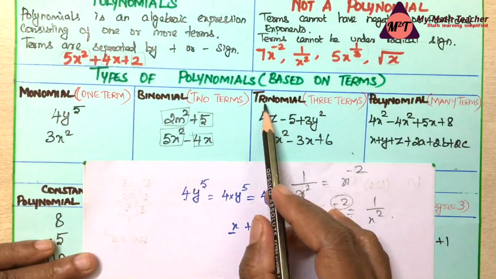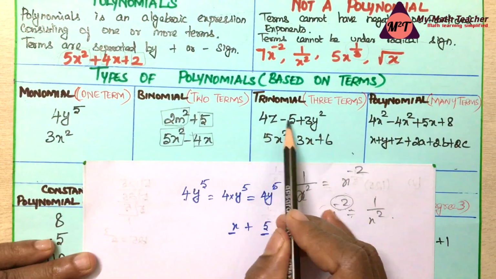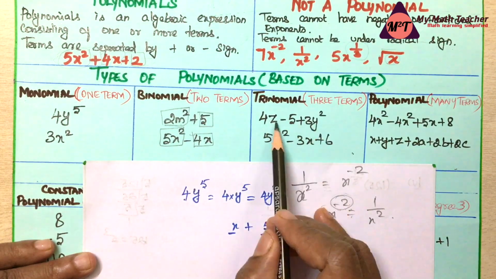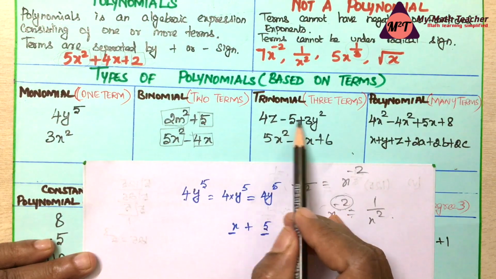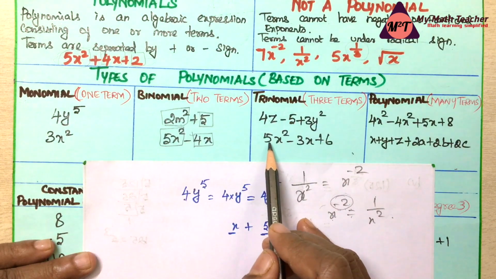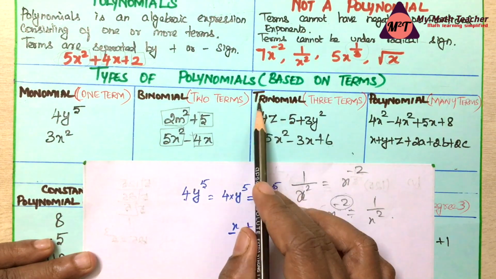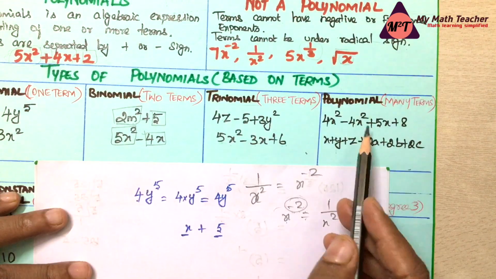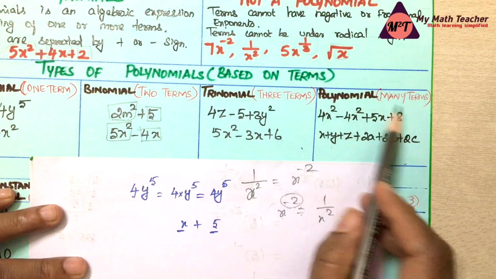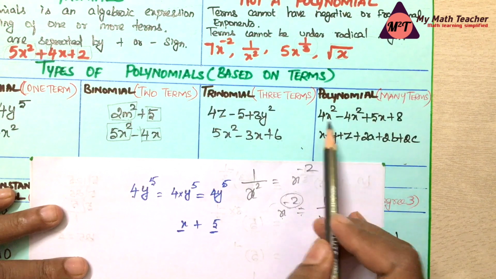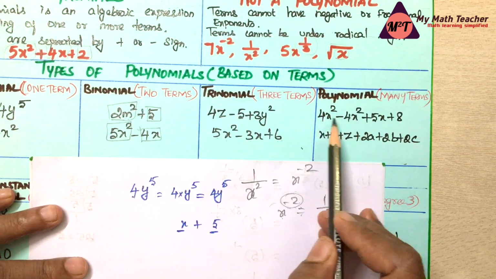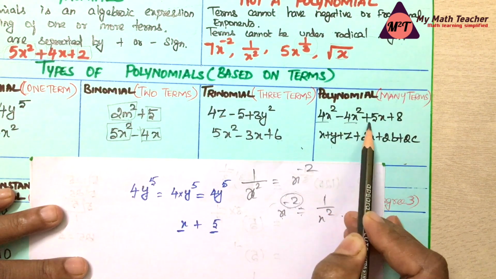Now you can see trinomial means three terms, 1, 2, 3, which are connected with the operators minus and plus. The same way, 1, 2, 3. The polynomials which have three terms are called trinomials. If it contains many terms, more than 3 in general, it is referred to as a polynomial. As you can see, 4x square, 1, 2, 3, 4.